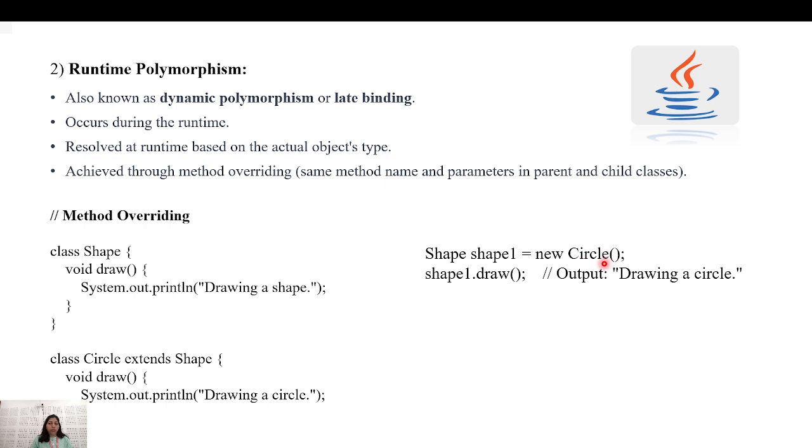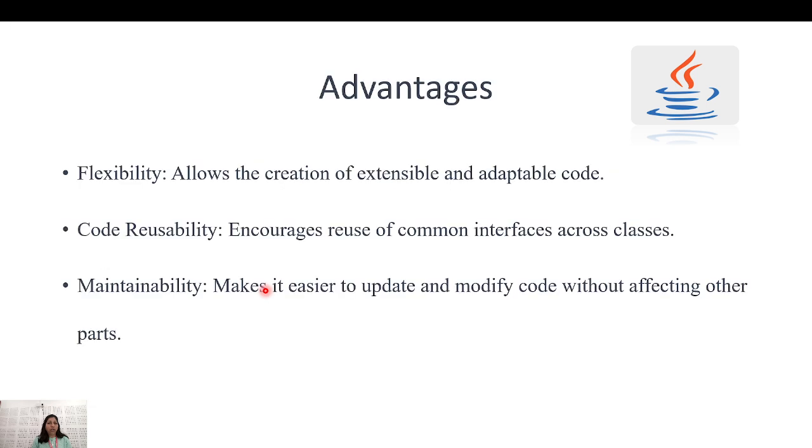Shape1 is equal to new Circle, and for the Circle draw method I will call shape1.draw and the output will be drawing a circle. In case I want to call the Shape's draw method, how will I call it? Then shape2 is equal to new Shape and shape2.draw will call this draw method. Okay, I hope you have got it.